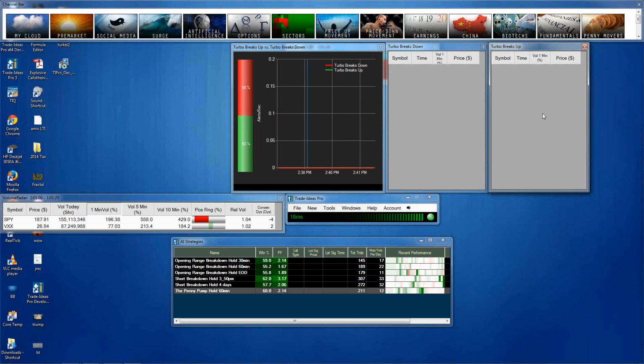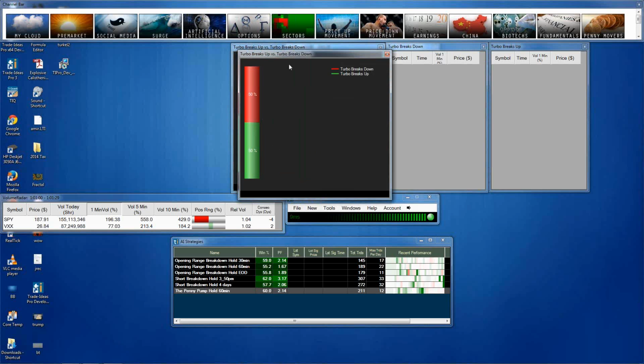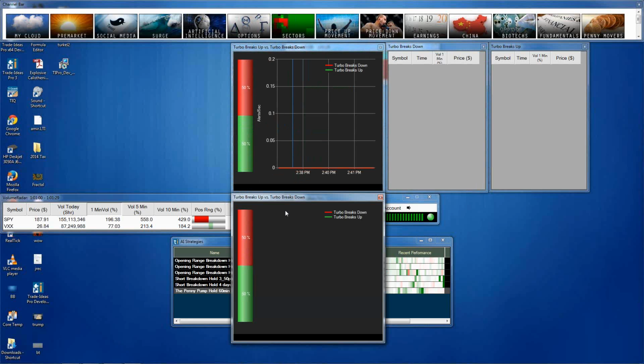After the first 30 minutes, we might notice 60% red versus 40% green, so we know that in my little universe of stocks there's already a selling bias. That might be going with the market or counter to the market; you never know until the day opens. If we saw 60-40 red in the first 30 minutes, we could duplicate this window and track the second 30-minute period with a fresh window.